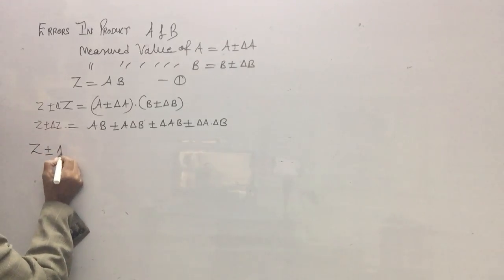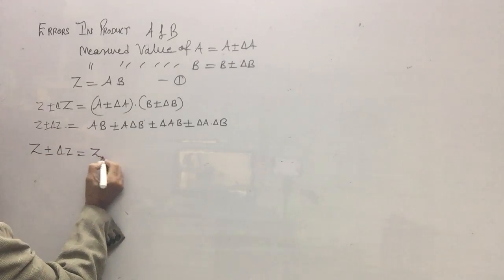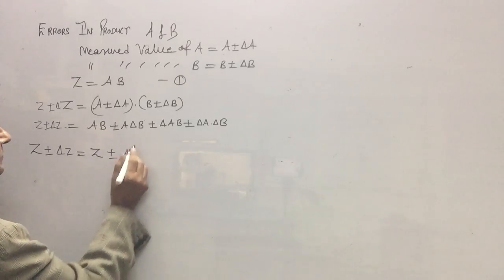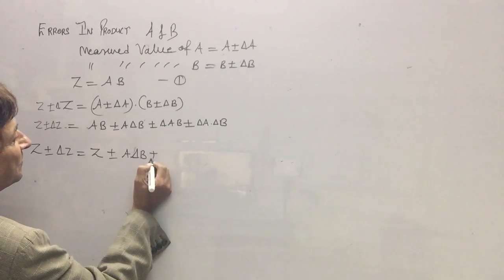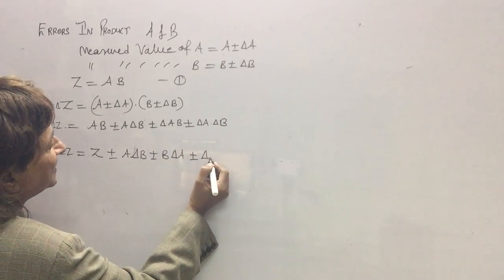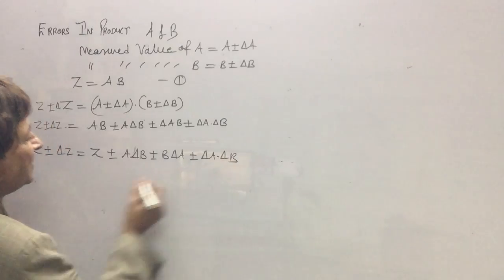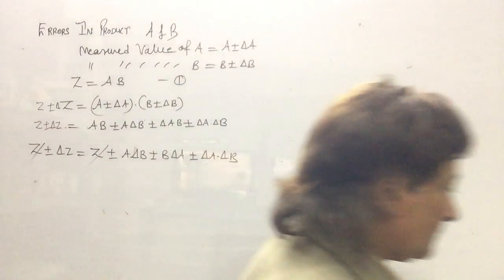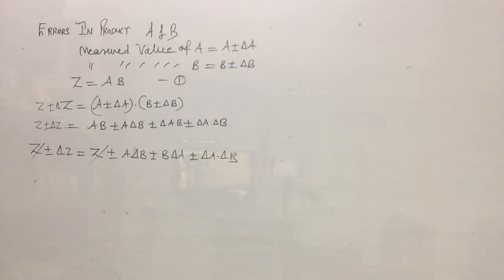Z plus minus delta Z equals Z plus minus A delta B plus minus B delta A plus minus delta A delta B. This gets cancelled. बोलिए. Yes, sir.